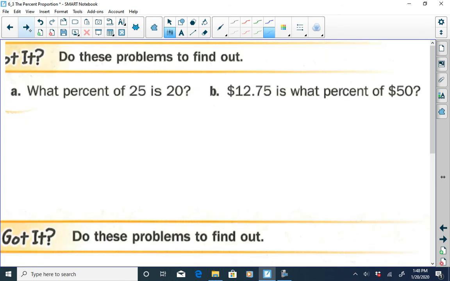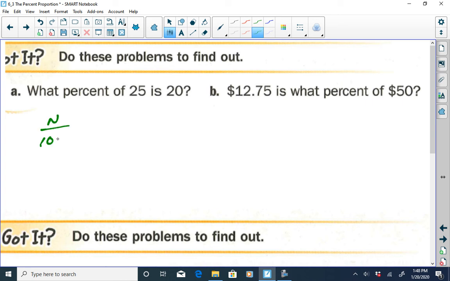Alright, next example. We're going to be given these percent questions, and we want to be able to write the percent ratios from the percent questions. Okay, so let's do a few of these examples. Our first example, we're given here, what percent of 25 is 20? Because I see the phrase what percent, it means we're looking for the percent.